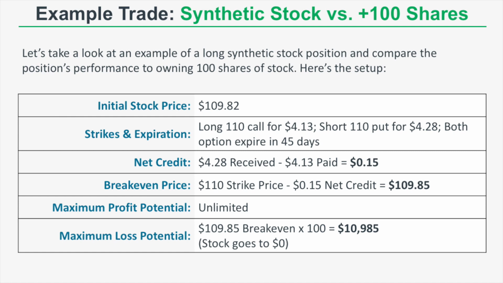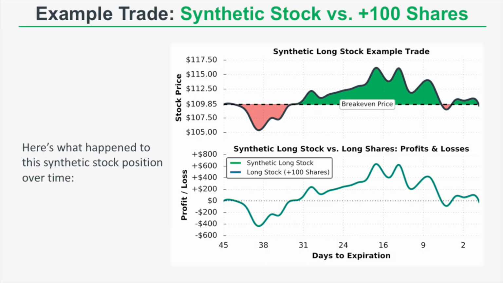So let's take a look at this position's performance through time. In the top portion of the graph, we're looking at the changes in the stock price relative to the break-even price of the synthetic long stock position. On the bottom part of the graph, we're looking at the profit and loss of the synthetic long stock position compared to a long stock position of 100 shares.